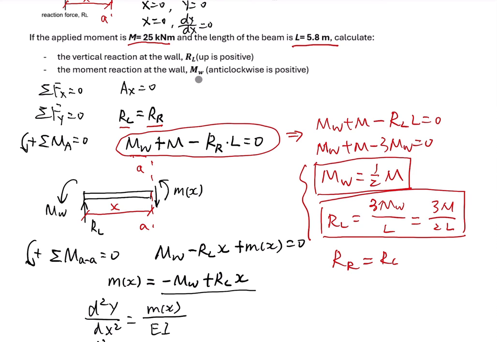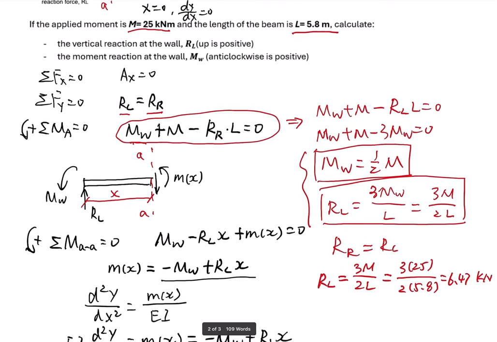So we plug in RL equal to 3M over 2L. M is 25 kilonewton meters, so 3 times 25 over 2 times 5.8. So we get some result in kilonewtons. Using a calculator, we can solve that: it is 6.47 kilonewtons.